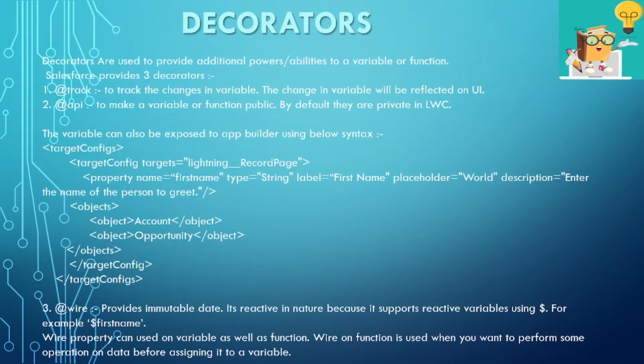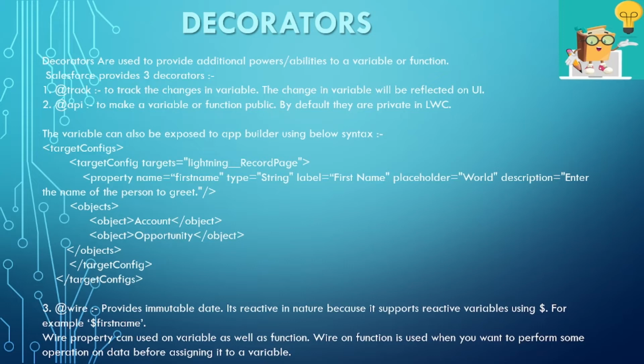Now let's talk about decorators. Decorators are basically used in Lightning Web Components to provide certain additional capabilities to any variable or function. In Salesforce, we have three types of decorators.